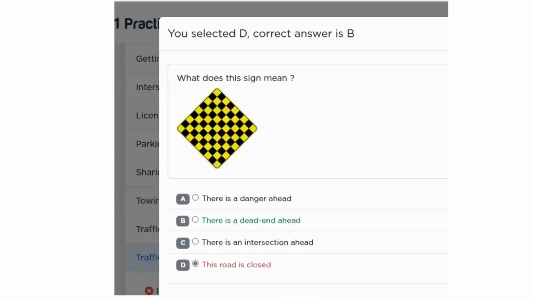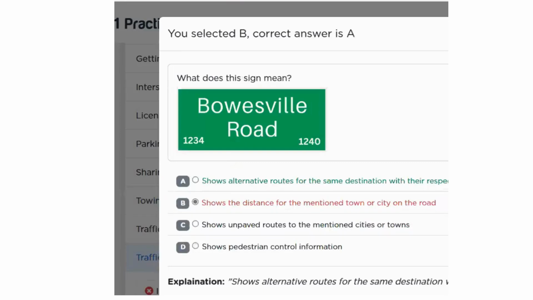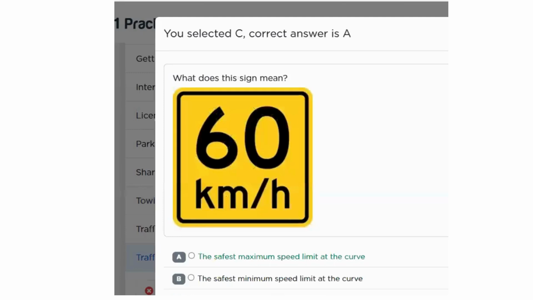What does this say? The road is closed, I said, but there's a dead end ahead. Okay. Alternative route for the same destination with their respective time. Okay, the safest maximum speed limit at the curve, not just the speed limit.